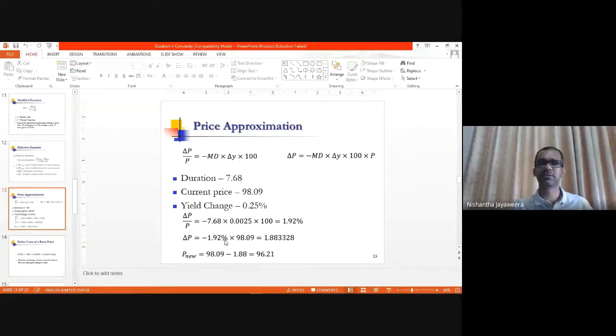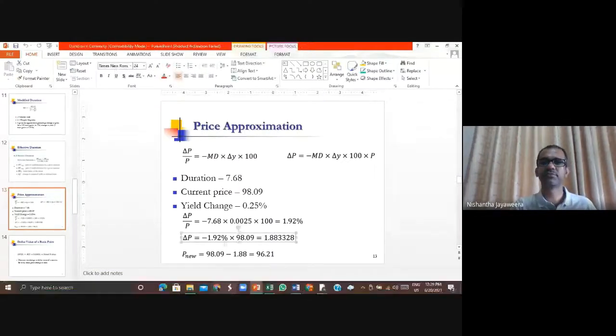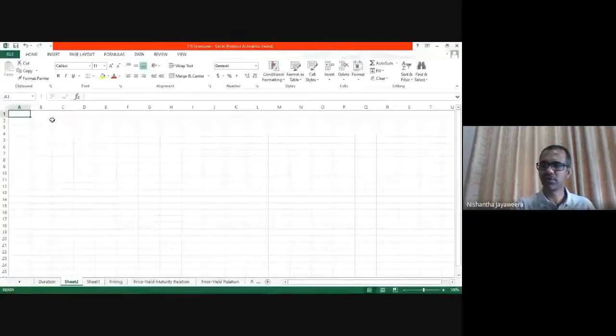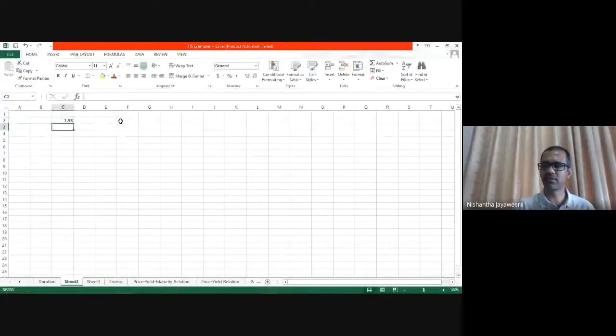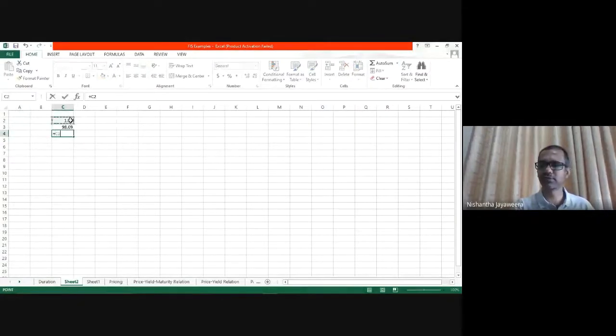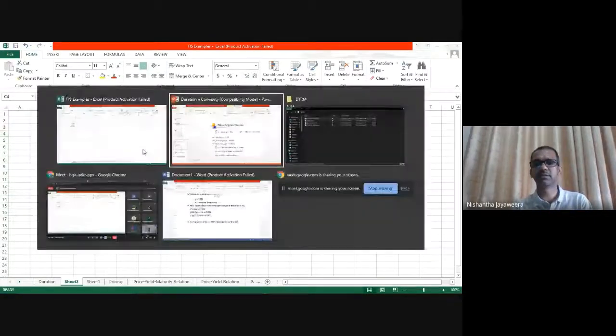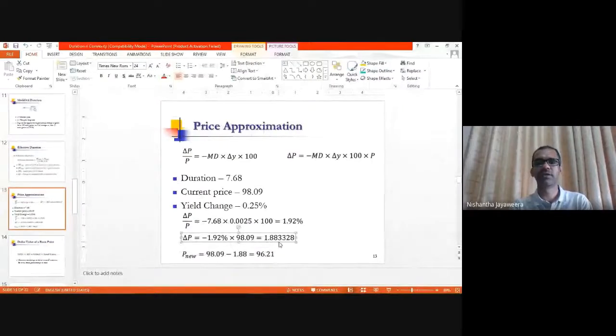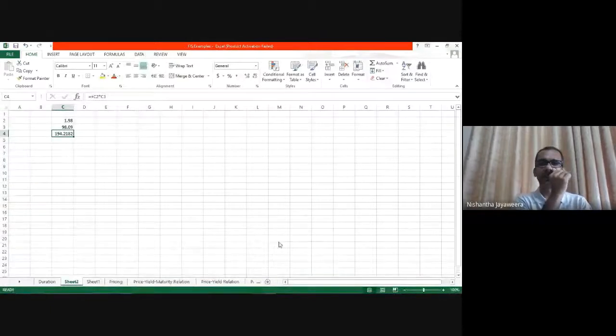Okay, let's take this into Excel. 1.92 and 98.09. What do you get if I just multiply these two figures? 194 something, but it's only 1.88.